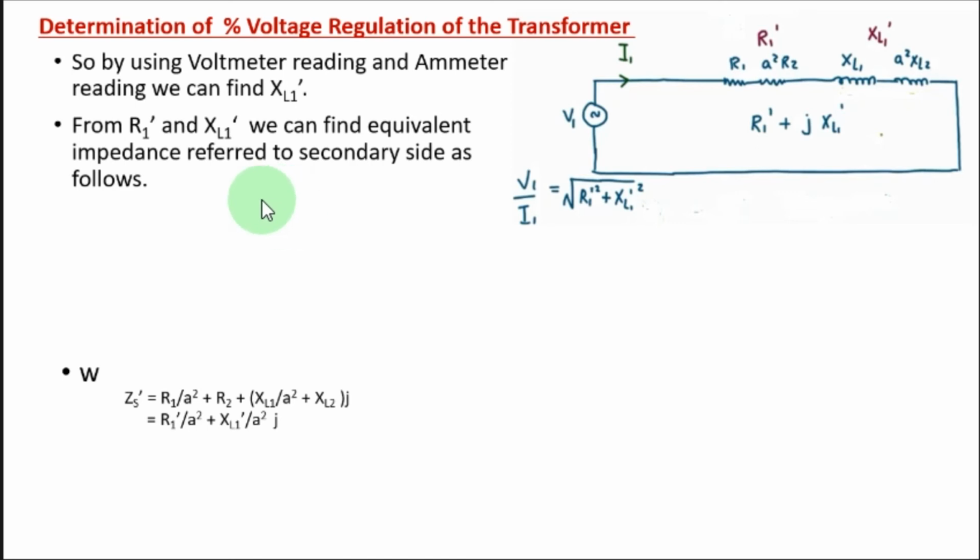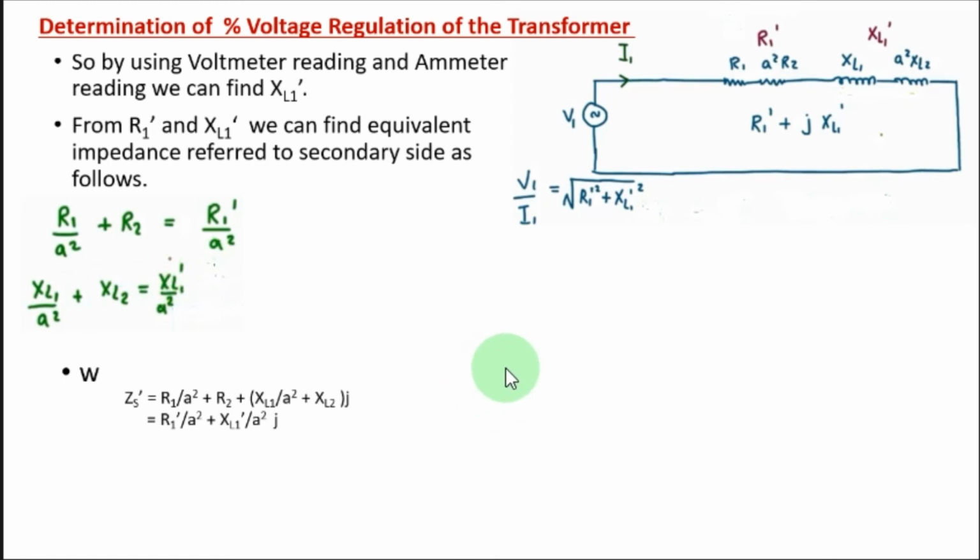These are referred to the primary side, so you can find the values referred to the secondary side, because the value referred to the secondary side is R1 dash over a squared, which is equal to R1 over a squared plus R2, and XL1 dash over a squared, which is XL1 over a squared plus XL2.